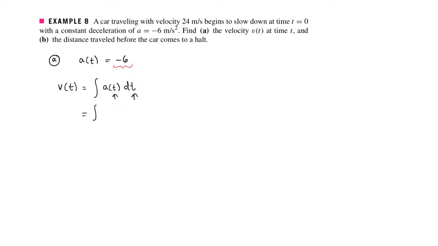So that will be the integral of -6 dt. Again, I can bring the negative outside of the integral, and then all that I have to do is think of which function I differentiate to find 6, or I can just use the power rule in reverse. So this will be -6t plus c.